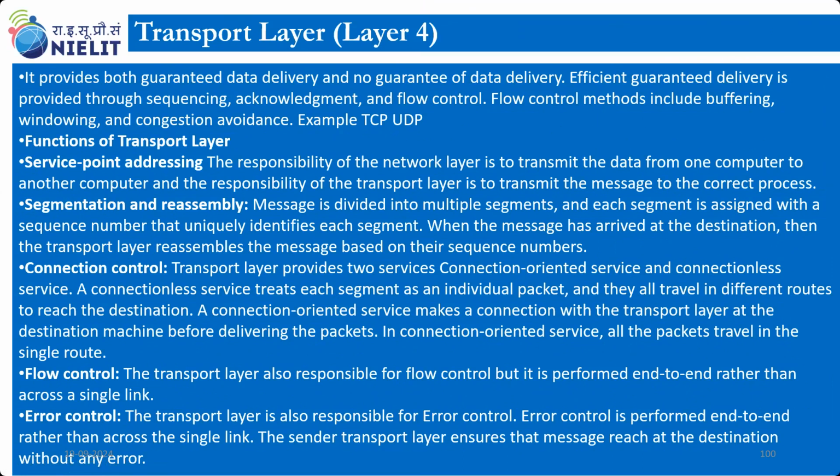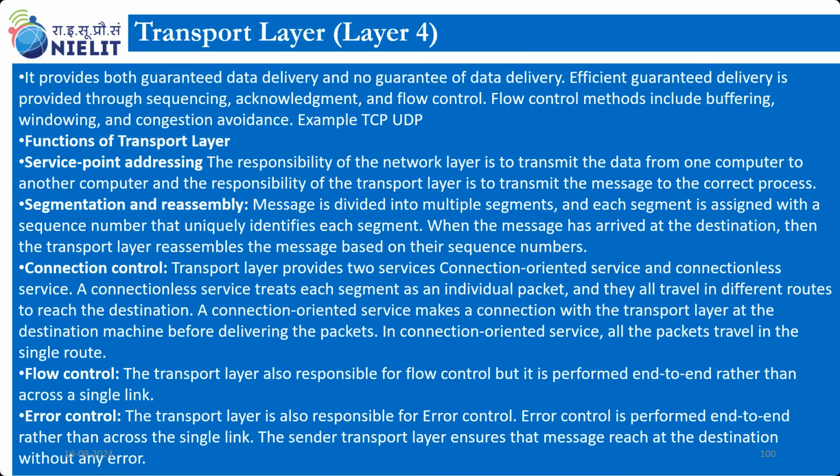Why are there two types when there is a guaranteed delivery mechanism? Why use the no-guarantee mechanism? Because the no-guarantee mechanism provides faster communication, but guaranteed data delivery has some overhead. Due to this overhead, these communications generally happen at a slower pace, but they are reliable.